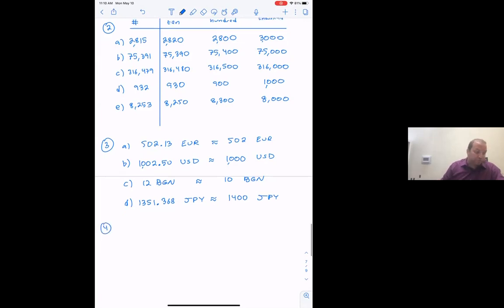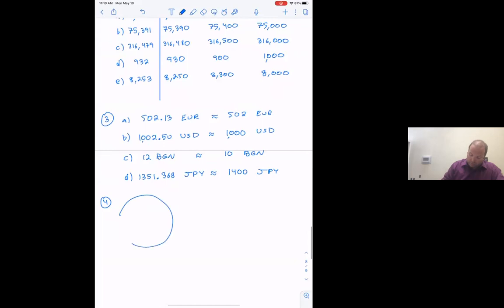Question number 4. A circle, draw a circle. A circle has radius 33 centimeters. Okay, R equals 33 centimeters. Calculate the circumference.